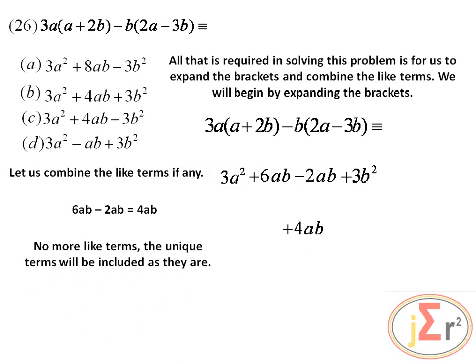The unique terms will be included just as they are. The correct answer is option B. 3a squared plus 4ab plus 3b squared.